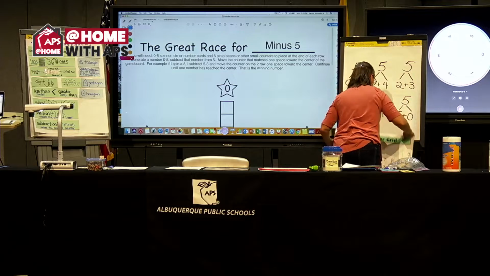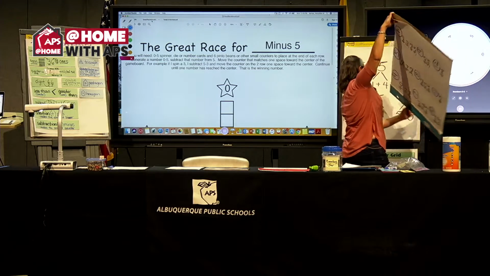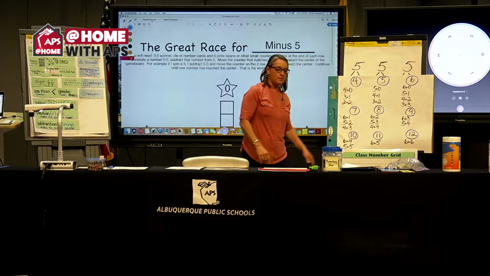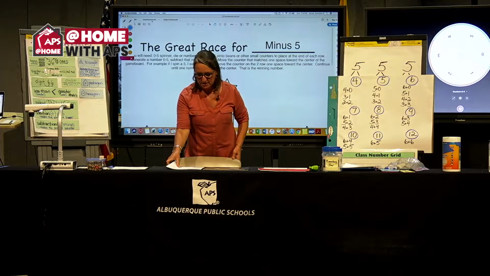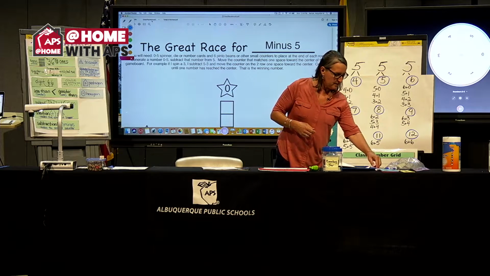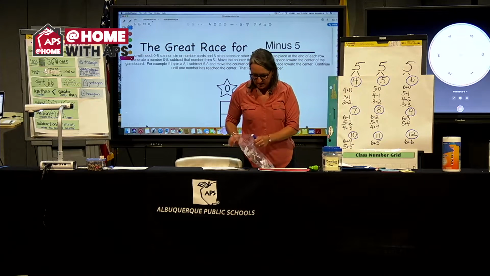Trusty old number grid. Okay. So, I've written down some of the equations that went with some of the numbers from the book. Not all of them. There were quite a few, right, at 12. Quite a few.